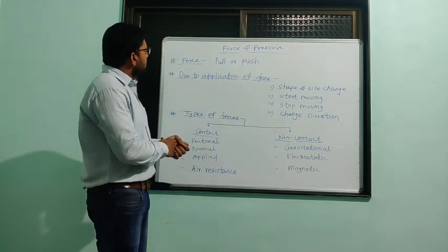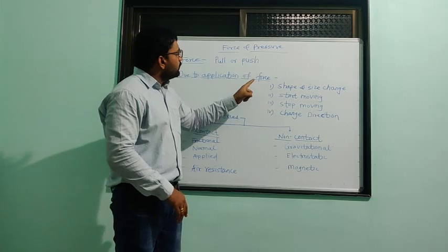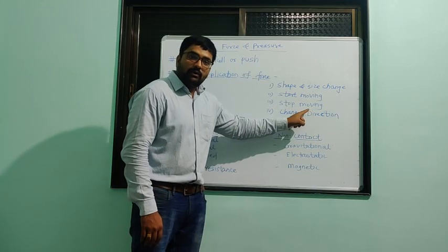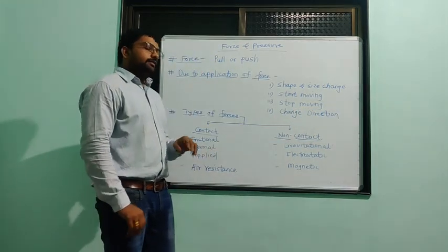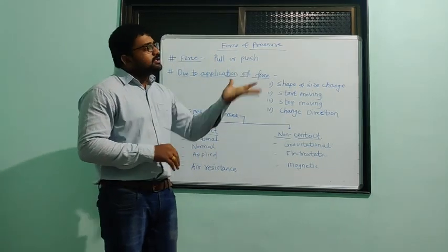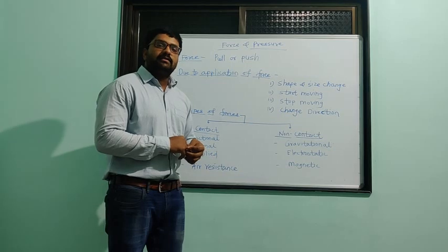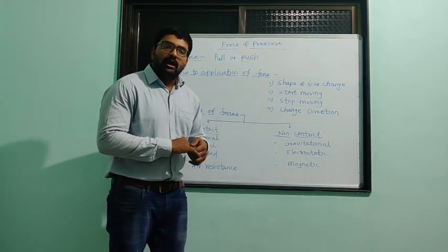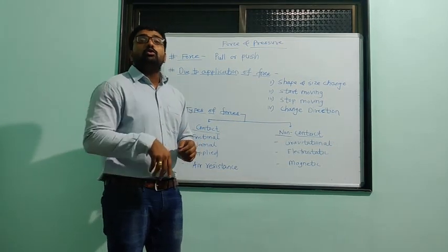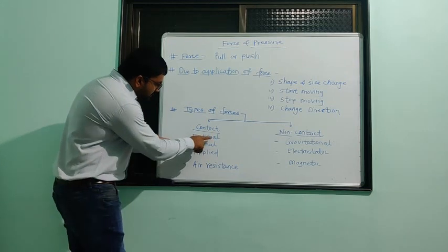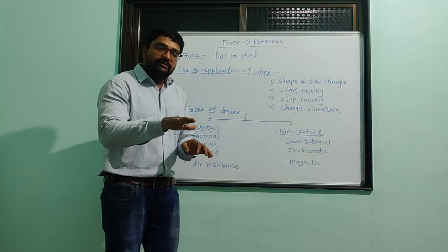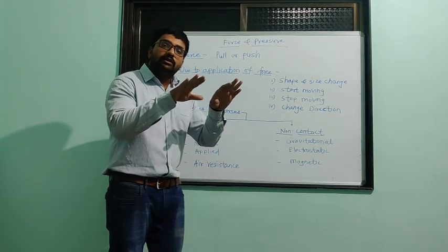Now next, due to the application of force, the third change is what? Object stops moving. Suppose we are traveling on a bike. After reaching the place where we want to go, what can we do there? We apply the brake of the bike. Due to application of the brake, friction between the tires and brake stops the object.